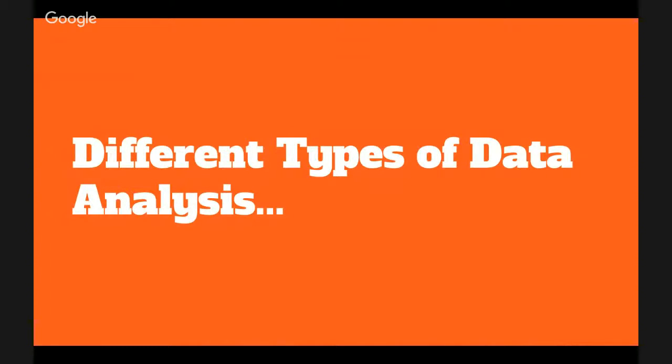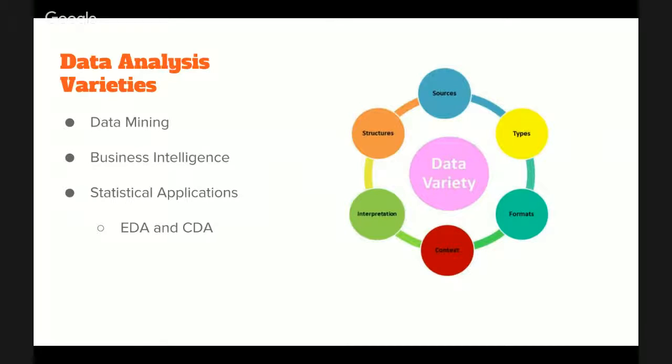So here are some different types of data analysis. There's data mining, there's business intelligence, and then there are statistical applications, which include specific ways of analyzing data that are outside of the data process for looking at what you need to find for relevant information.